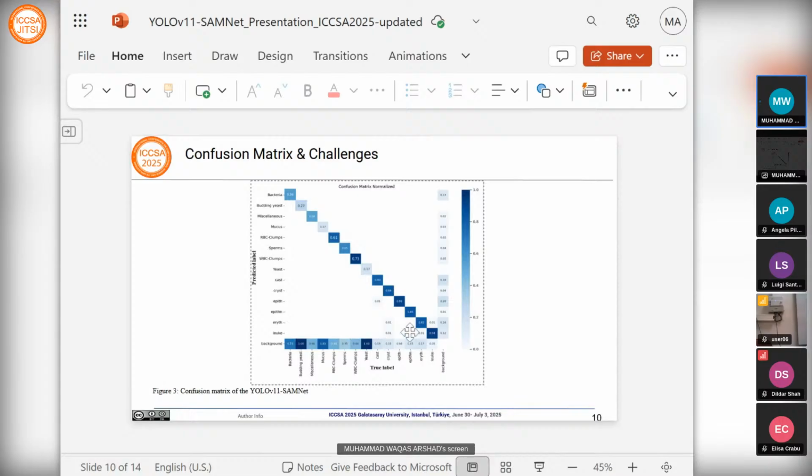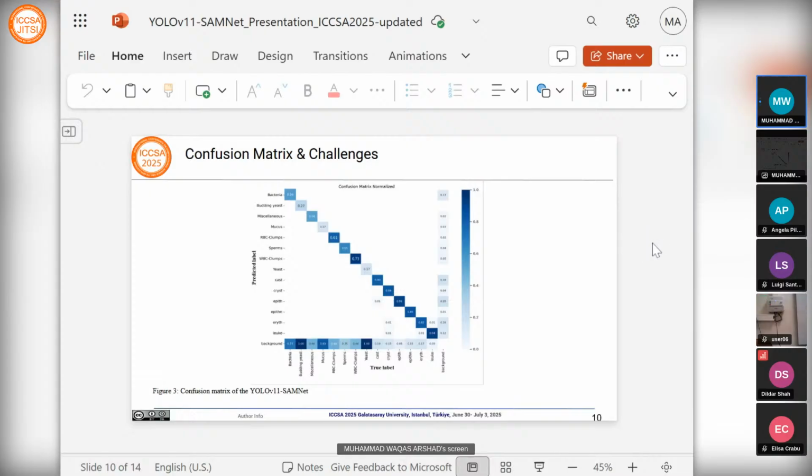So these are giving the best results. The off diagonal values show where the model gets confused. If we look at bacteria, it has a lower value of 56, and budding yeast is 27. These are sometimes misclassified as background. That is a main challenge that needs to be overcome.